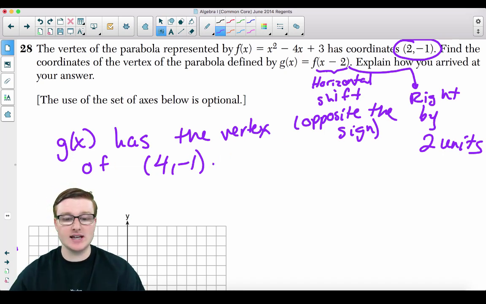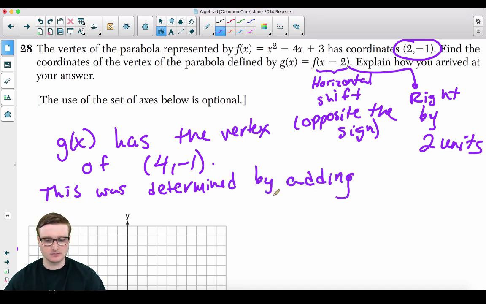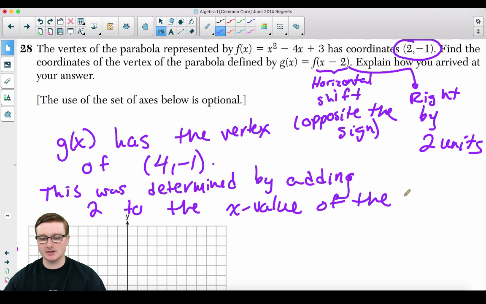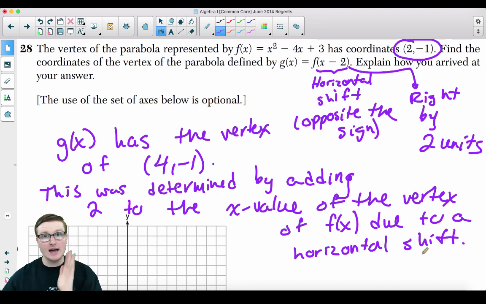And you could just say that this was determined, because it says explain, this was determined by adding 2 to the x value of the vertex of f of x due to a horizontal shift.